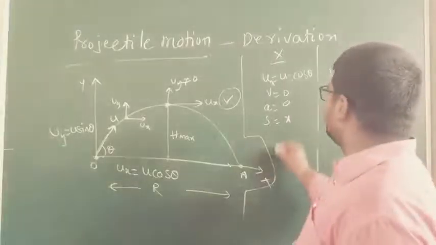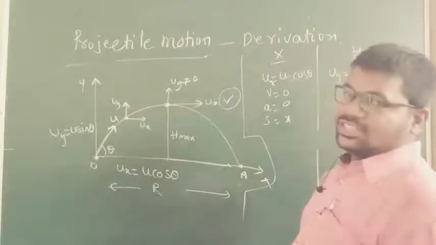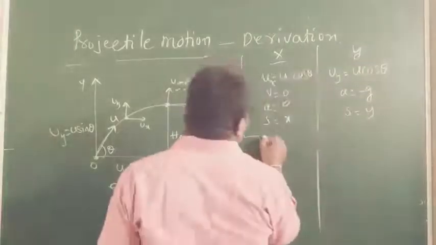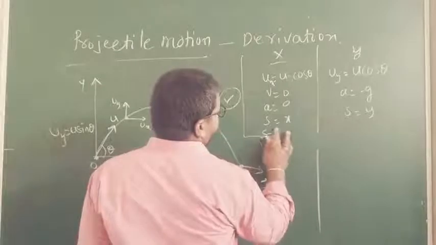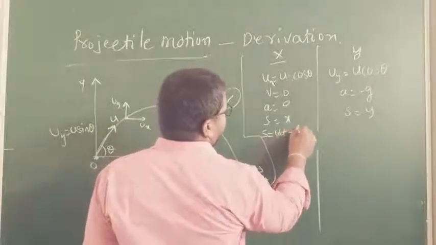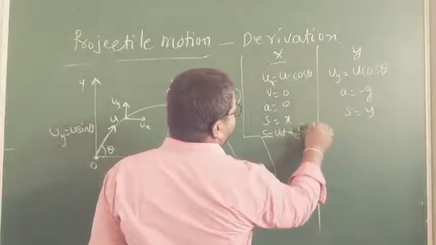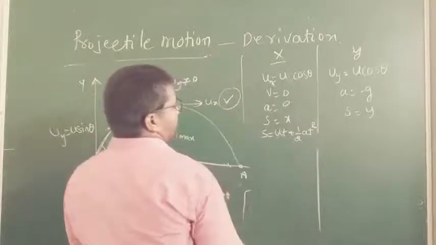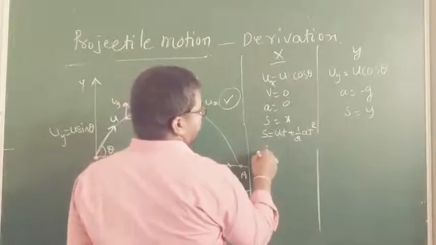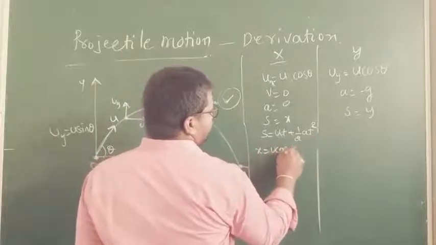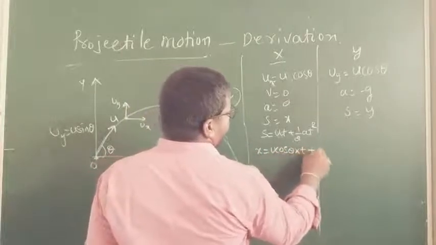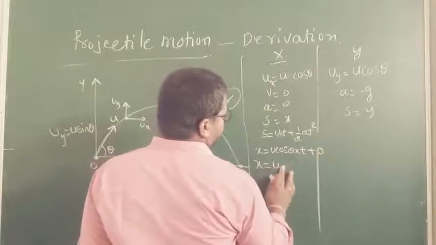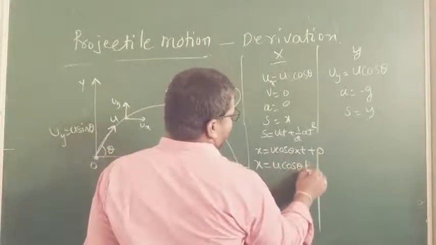s is equal to ut plus 1 by 2 at square. So we can substitute into this equation. Along x, x is equal to u cos theta into t, the remaining term being 0.